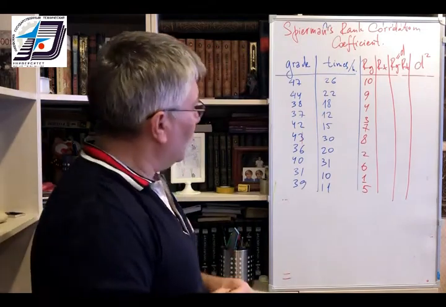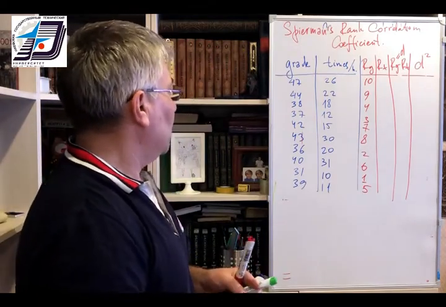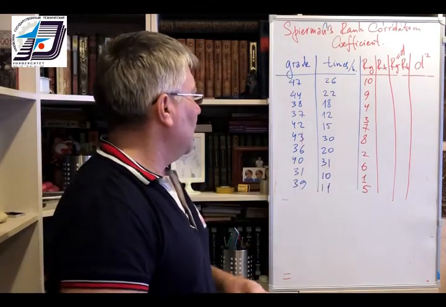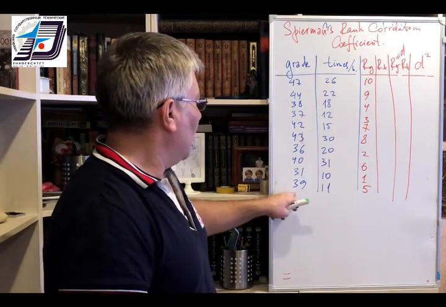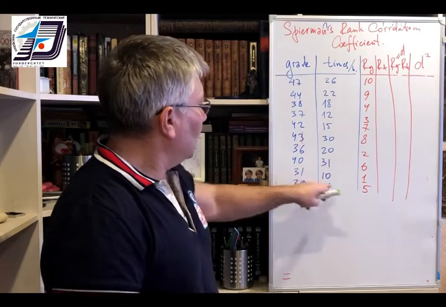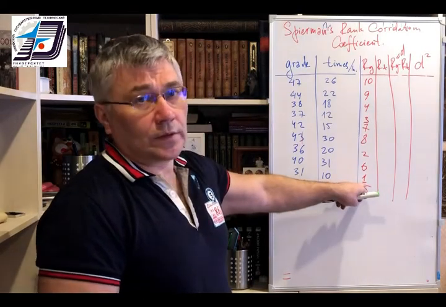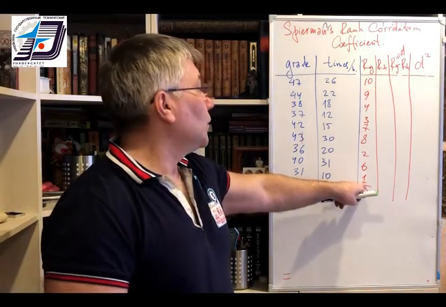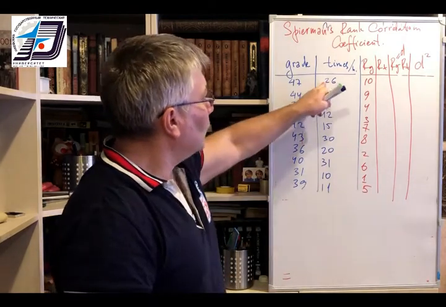So, according to our rank system, we have these ranks in front of, on the same line as, the grade: its place according to the ordered sequence. And the same thing I have to do for the times.